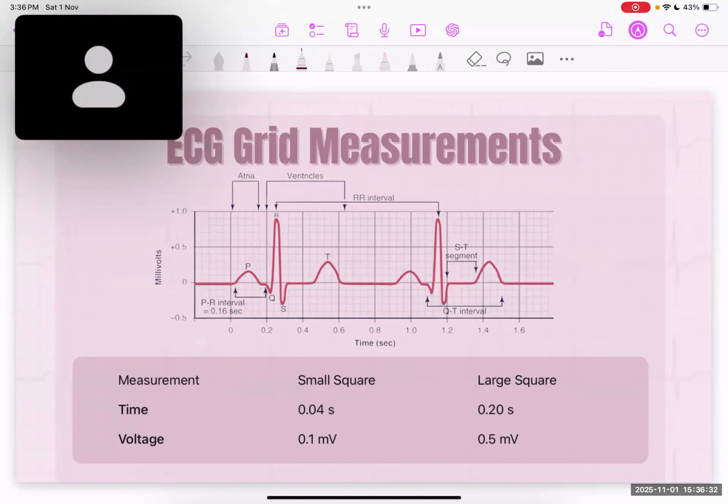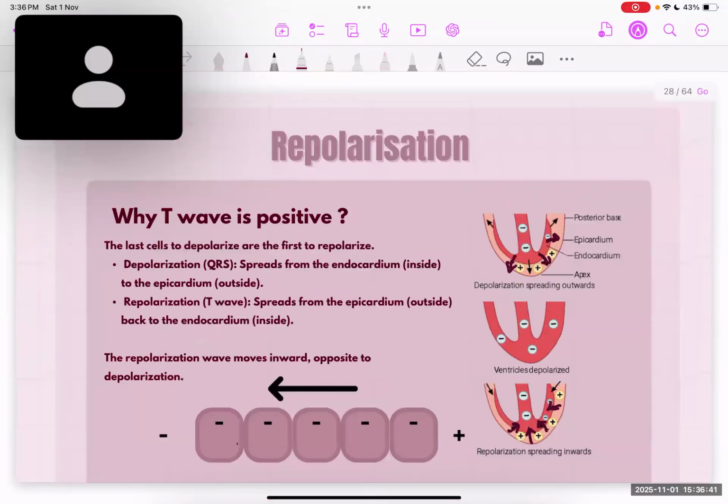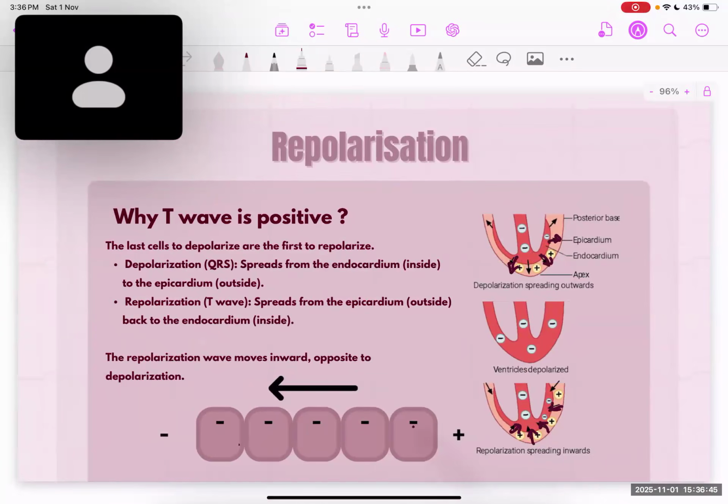How do they cancel out? Okay. When there is depolarization, the inside is going to be positive. Now when it's getting repolarized, you're going to have negative charges going from here to here to here to here. It's going towards the negative.